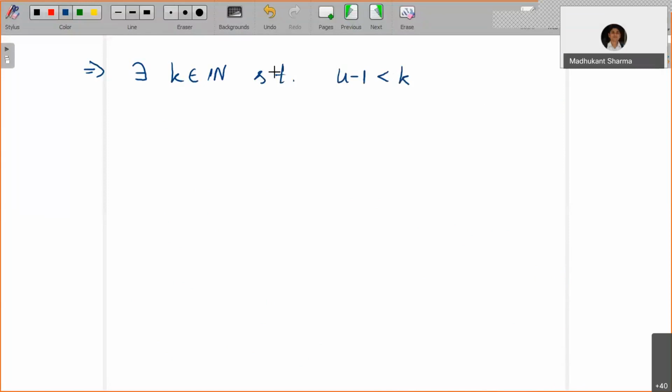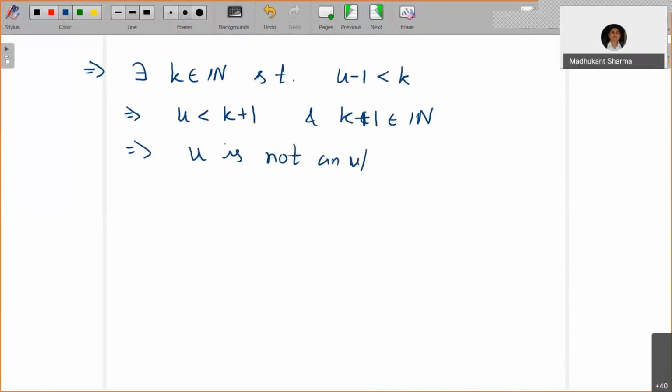So this implies u is less than k plus 1, and k is in N, so k plus 1 is also in N, the set of natural numbers. So this implies u is not an upper bound, because you are able to identify a point in the set of natural numbers which is sitting on the right of it. So u is no more an upper bound. So it is a contradiction to the fact that the supremum of N is u.